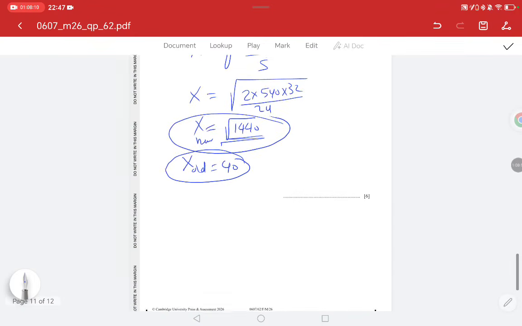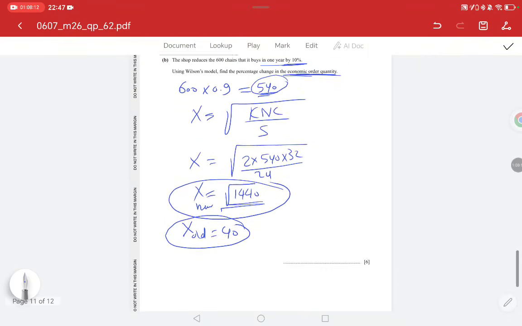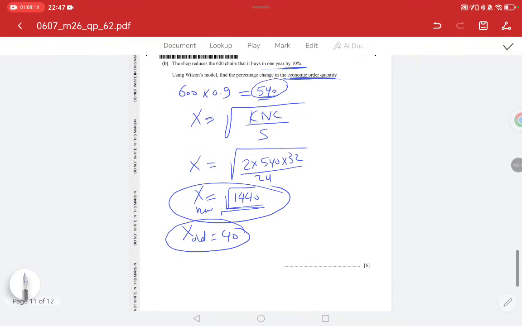Now, how to find the percentage change? This is like any percentage change, percentage profit, percentage loss, percentage decrease or increase. It has a formula: new minus old, divided by the old, and then times 100.